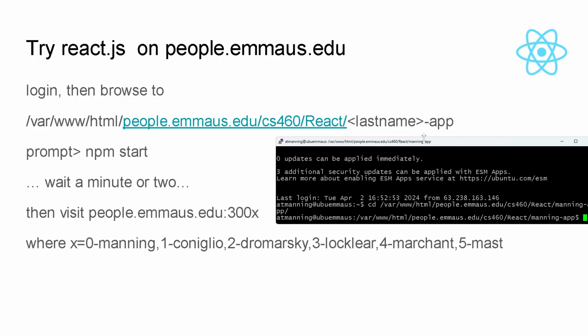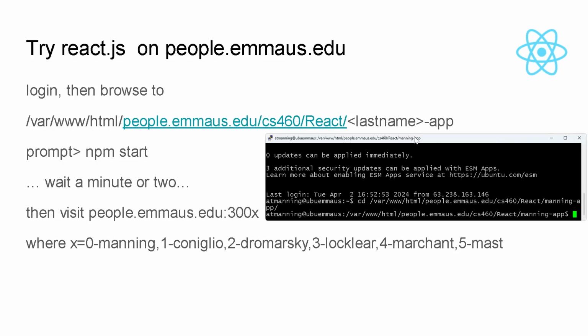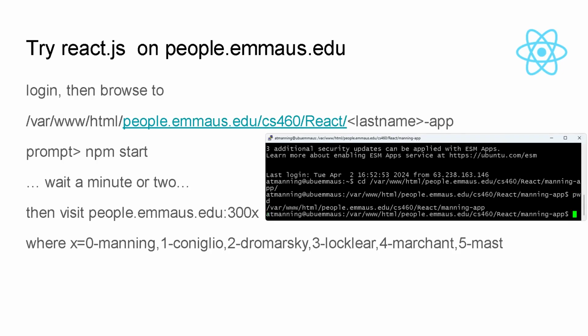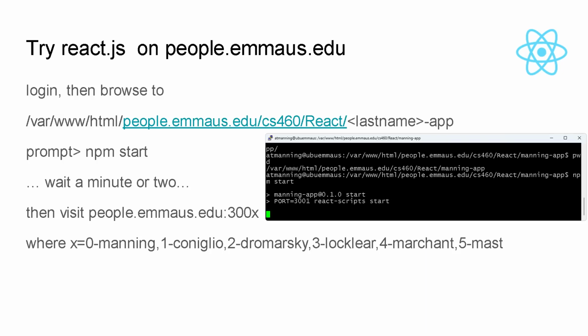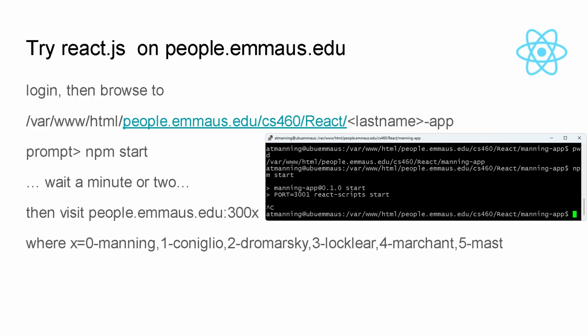So now in my Linux command, I can type pwd and see that that's where I am on my system. Now all I do is type npm start. Once I have gone over there. Uh-oh. I don't want to be port 3001. I want to be port 3000. So I'm going to edit my app.